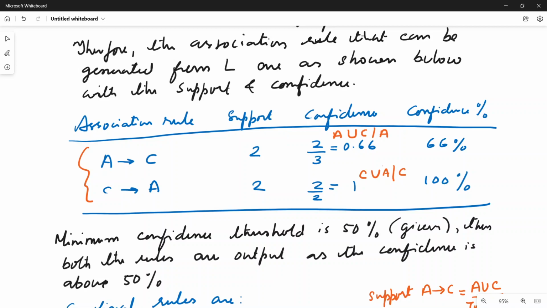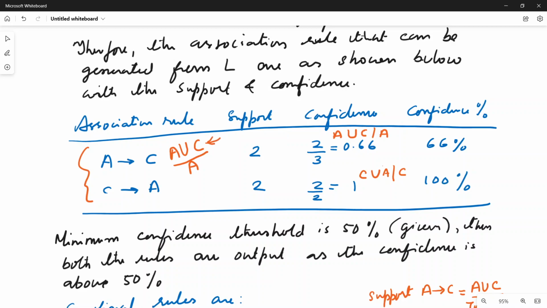Now we will see the confidence. How will you find the confidence of the association rule A to C? The confidence is nothing but A union C divided by A. From the given transactions in the data set, you need to find how many transactions have both A and C. That is the numerator.